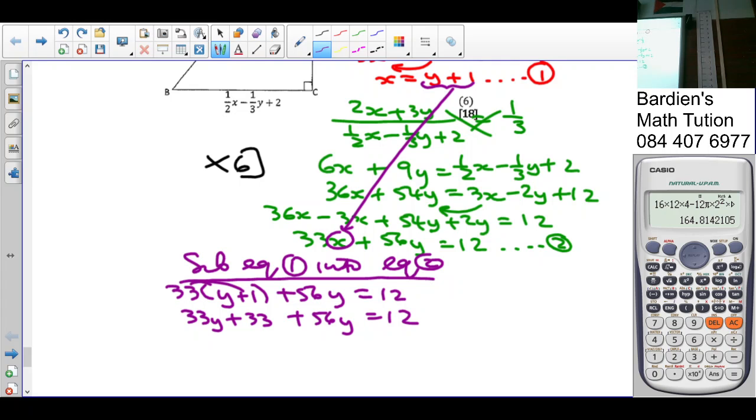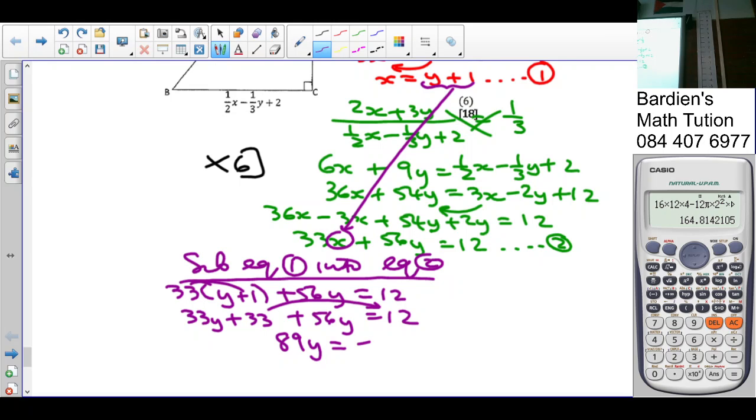Now what? Take 33 over. So what is 33y plus 56y? 99y. 89y. Okay, what is 12 minus 33?